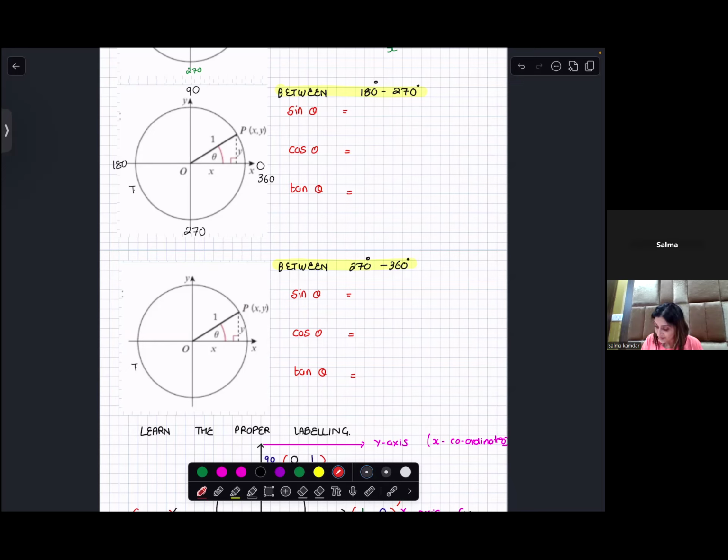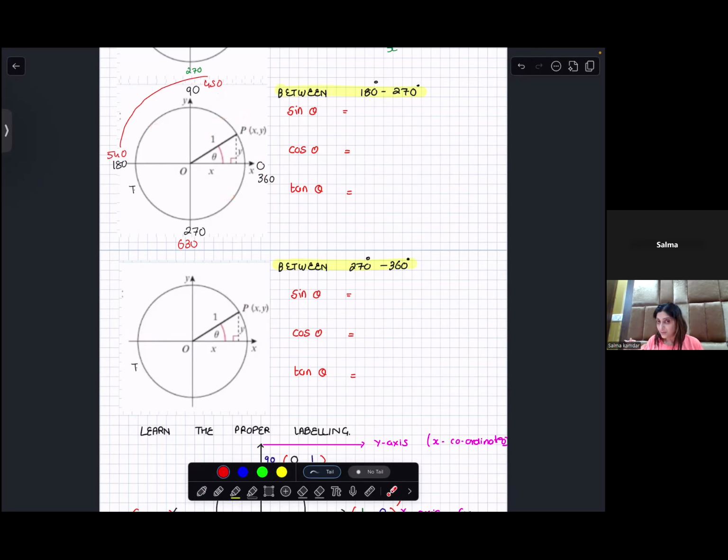So again, this would be from 360 to 450. Then from 450 to 540, plus another 90, 630. So if your angle is 620 degree, it is going to lie in this quadrant. This is the first quadrant, second quadrant, third quadrant, and the fourth quadrant.